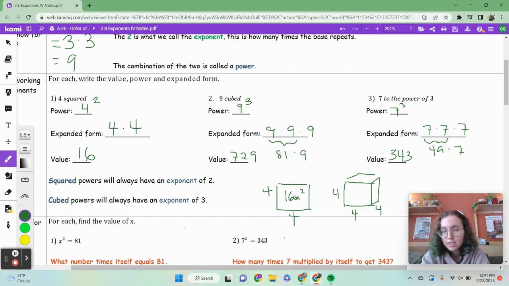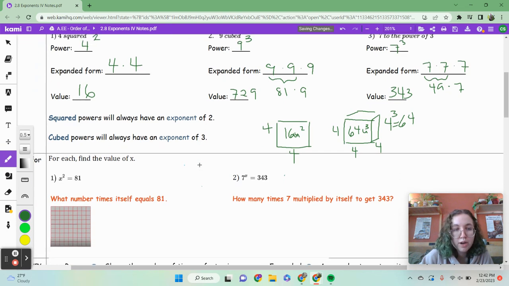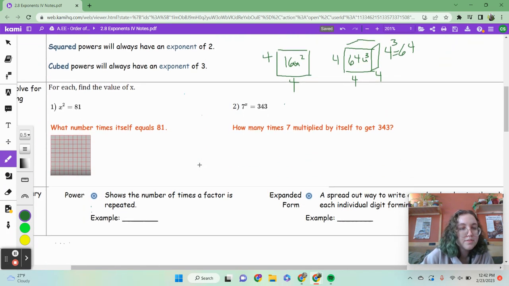So that's 16 times 4. I believe that's 64. 64, yep. So that's 64 units cubed. And that's where that would come from. If I wanted to find the volume, it would be 4 to the third, which is 64. Again, nothing you need to know, just fun stuff to know of why we say squared and cubed.